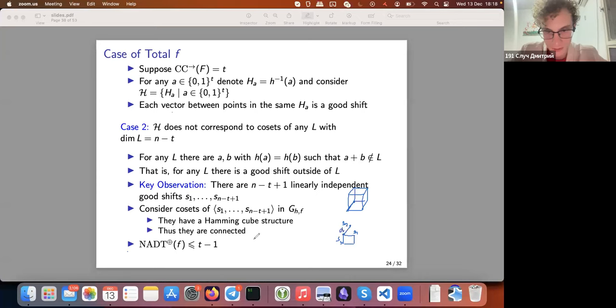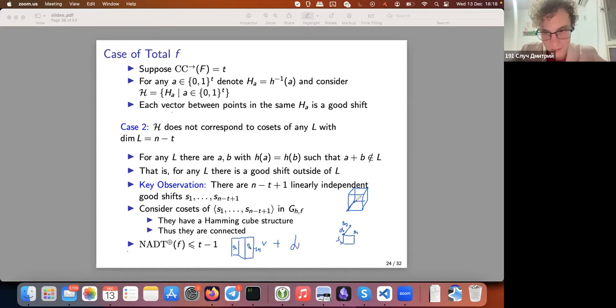We take vertex v, we multiply it with the matrix with columns S1 to S_{n-t+1}, and then we add alpha.